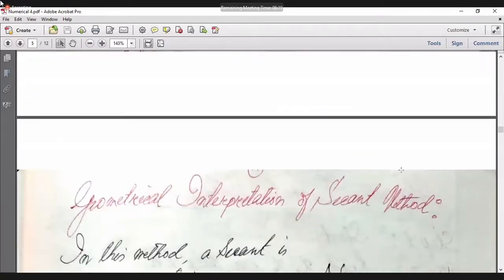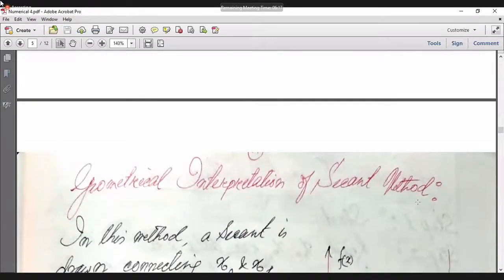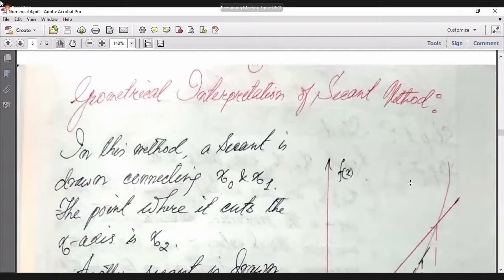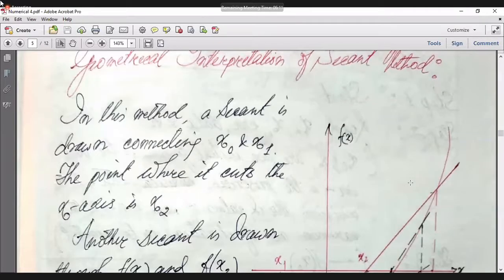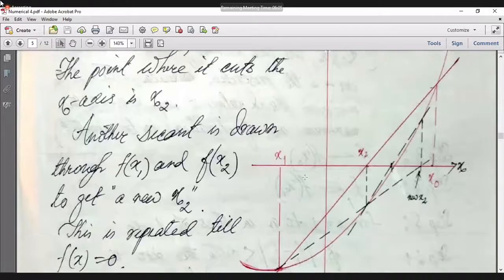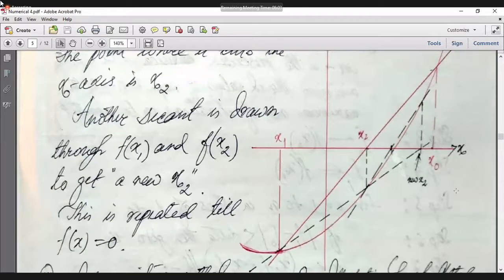What is the geometrical interpretation of the secant method? In this case also, we need the starting points, just like in the false position method. Please listen carefully. Let us say x0 and x1. This is our x0, this is our x1, and this will be our required value from the graph.